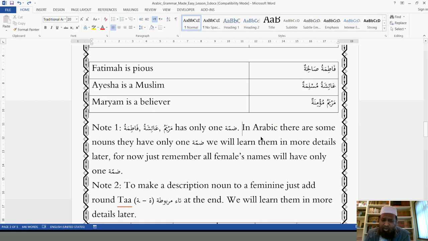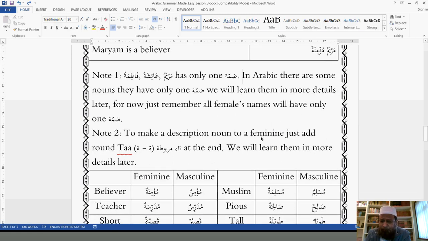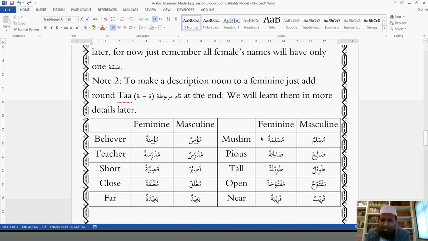Alright, now let's see some examples here. Masculine words we're going to make into feminine words, just applying this rule. Muslimun, we add a round ta at the end of this word, so it becomes muslimatun, feminine, a Muslim.